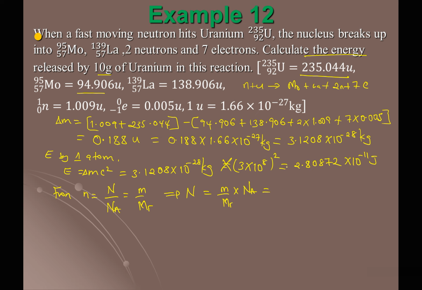The mass is 10 grams. The molar mass of uranium is 235 grams, since the nucleon number is the molar mass in grams. We know that Avogadro's number is 6.02 times 10 to the power of 23. So how many atoms are these?